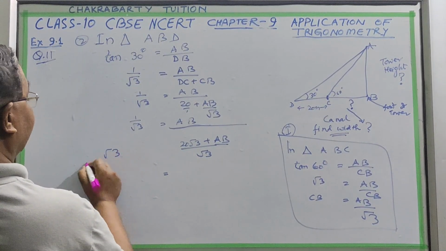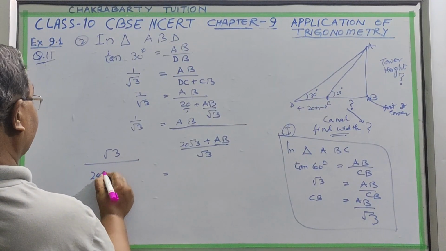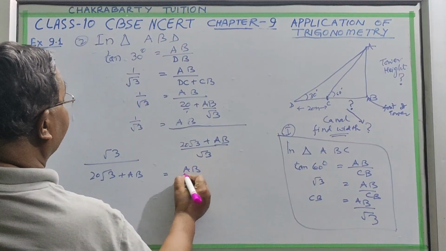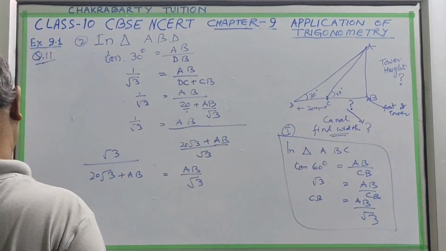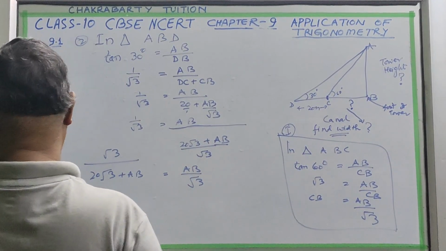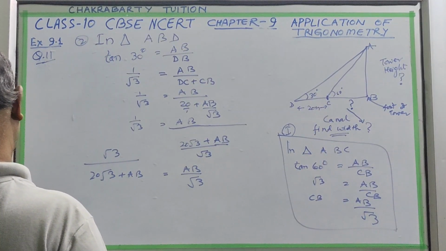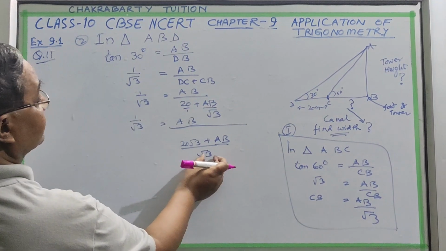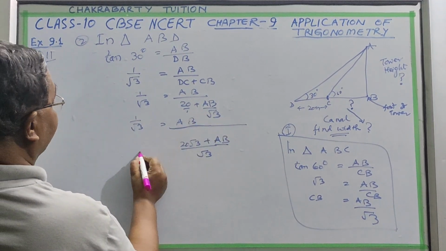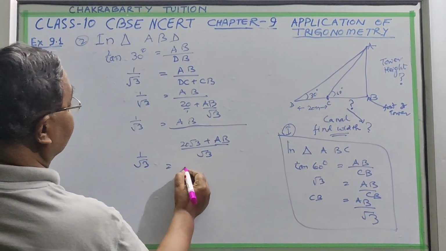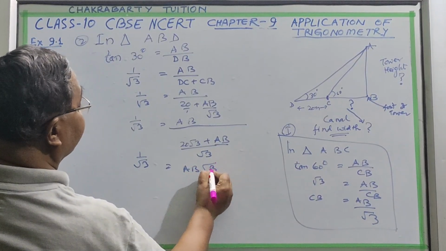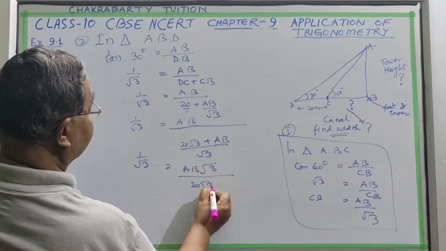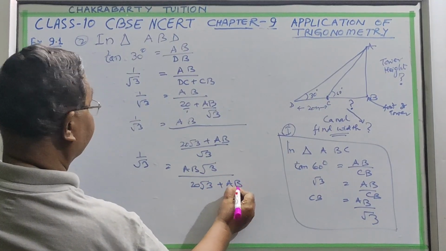Under root 3 upon 20 under root 3 plus AB is equal to AB upon under root 3. So this we are taking here: 1 upon under root 3 is equal to AB, and here it will remain 20 under root 3 plus AB.